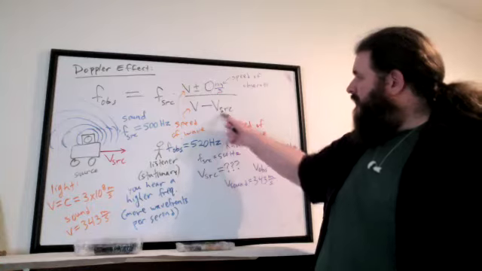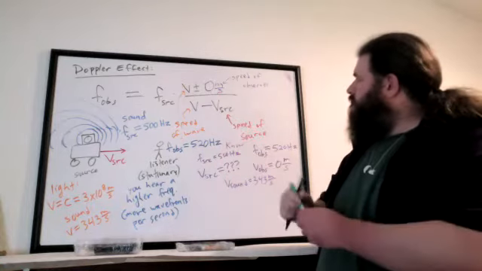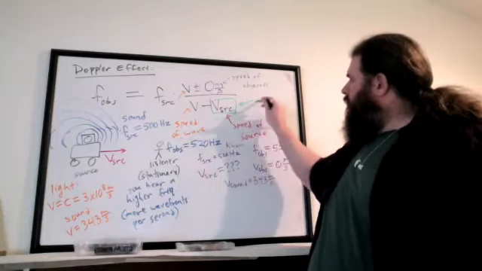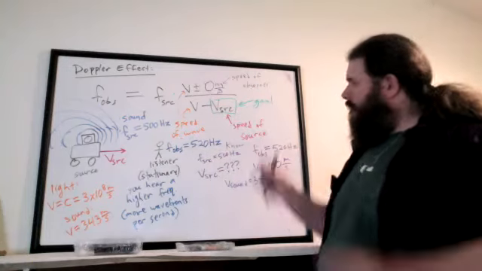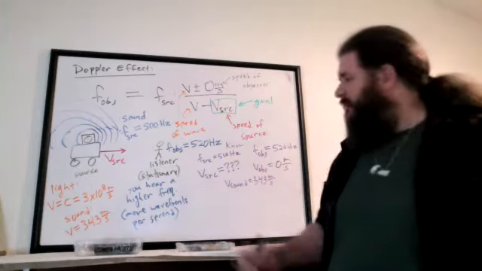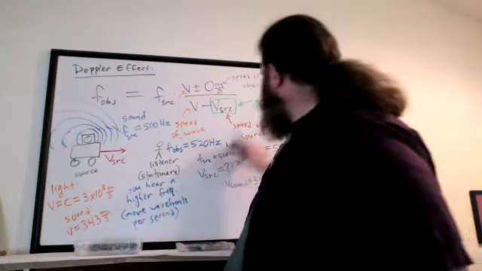So we're expecting subtraction. And let's see if we can solve that. We want to isolate speed of the source. So let's see if we can solve that algebraically and then plug in the numbers.